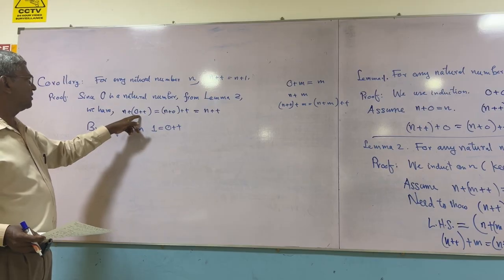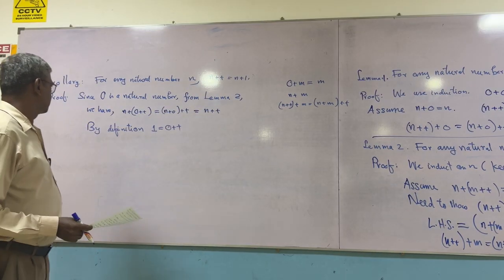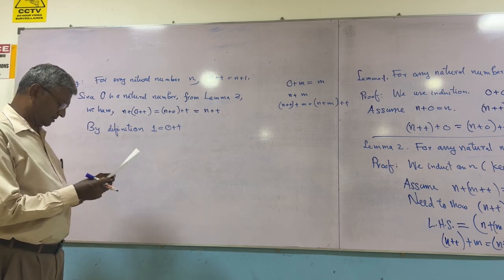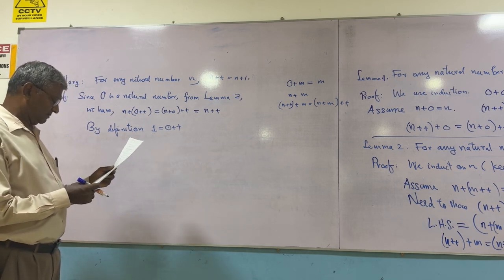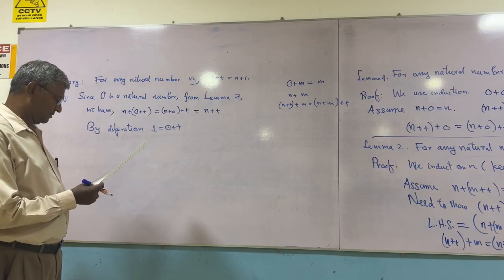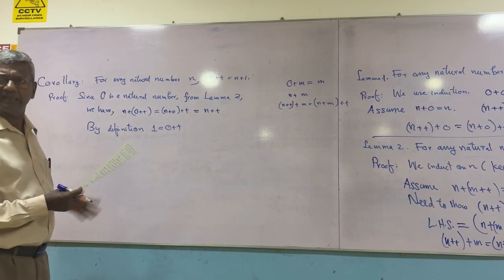N plus 0 plus plus is n plus 1 and n plus 1 is equal to n plus plus, right? Yeah.